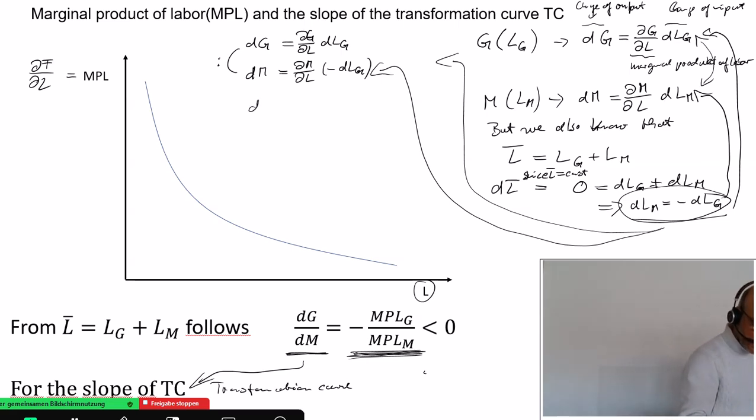So dG over dM equals dG over dL over dM with respect to dL times dLG over minus dLG.